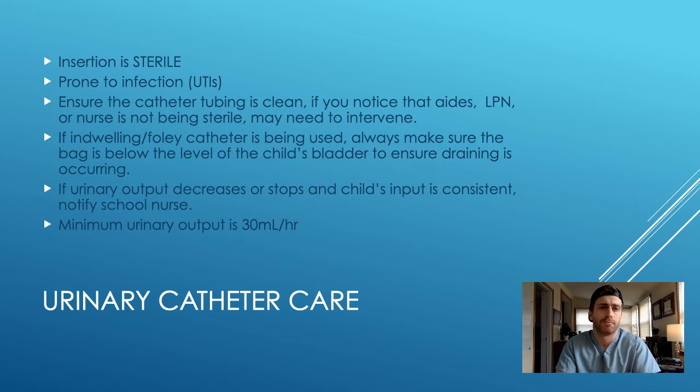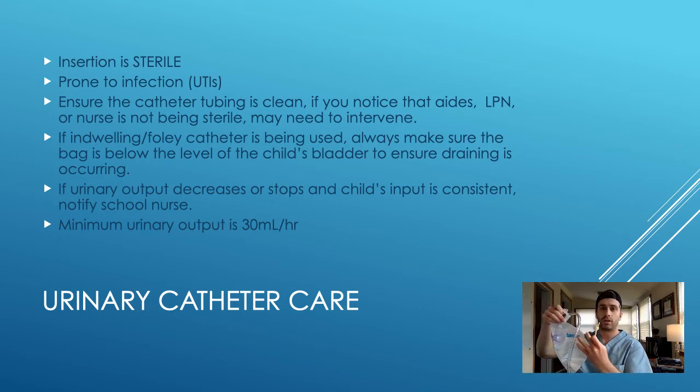If the indwelling or Foley catheter is being used, always make sure that the bag is below the level of the child's bladder to ensure draining is occurring. So number one, it's for draining, but number two, if the bag is above the bladder, so let's say the bladder's here, and you move this bag to the other side of the wheelchair, something along those lines, the bag gets lifted up.